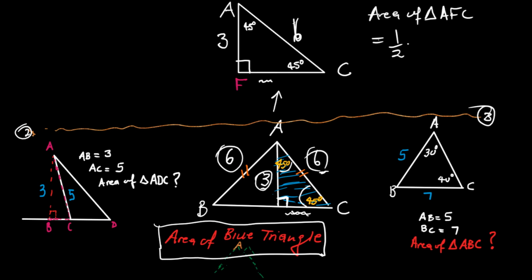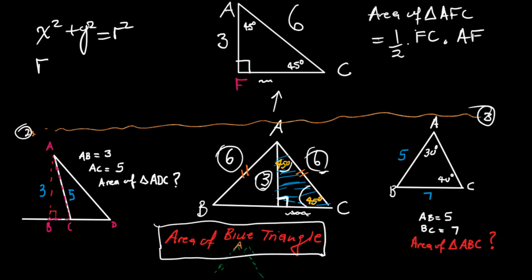This is 6. So it's half, then multiplied by the base. The base is FC, and then the height is AF. So we can try and find FC first using Pythagoras. Remember that x squared plus y squared is equal to r squared when you're using Pythagoras.